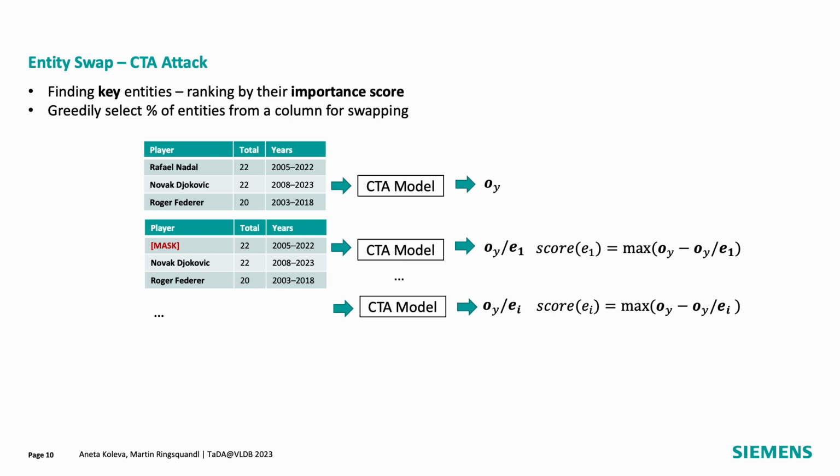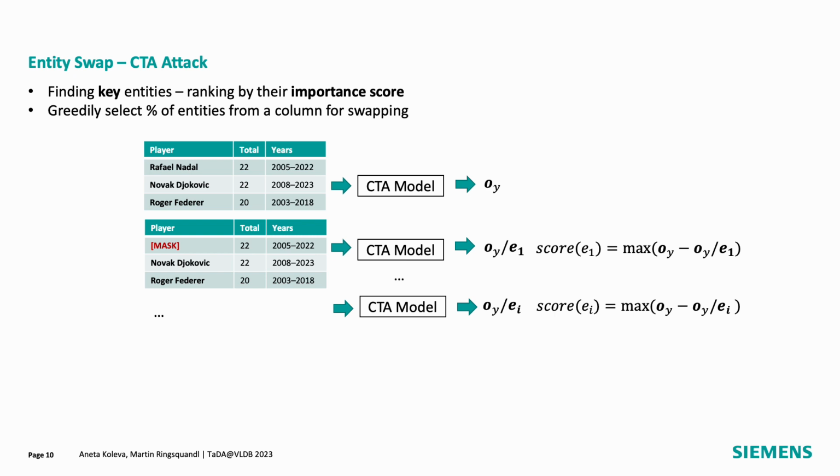So this will give us the importance score for the first entity in this column. We calculate this importance score for all the entities in a column, and when choosing entities to swap in a targeted column, we always choose based on their importance scores and substitute them with adversarial entities.